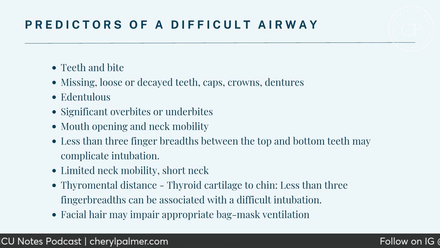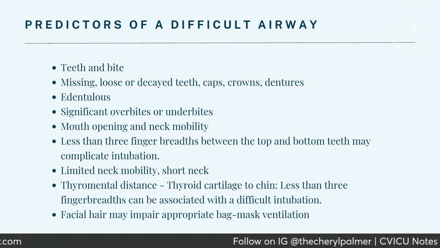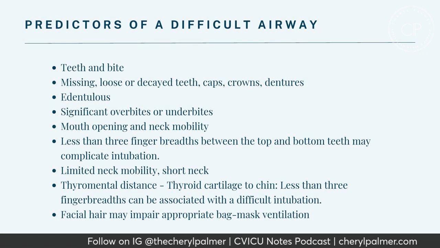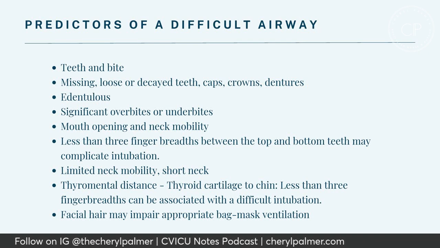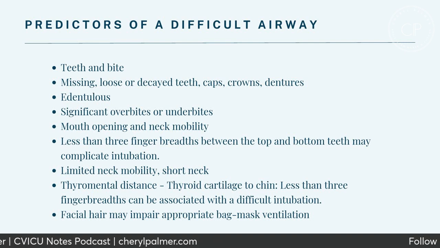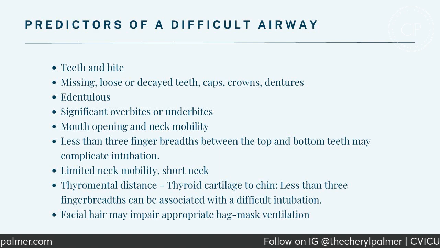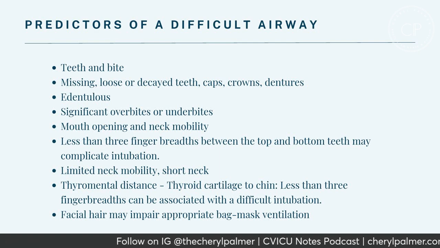Predictors of a difficult airway: teeth and bite, missing, loose, or decayed teeth, caps, crowns, dentures, edentulous, significant overbites or underbites. Mouth opening and neck mobility, less than 3 finger breadths between the top and bottom teeth may complicate intubation.